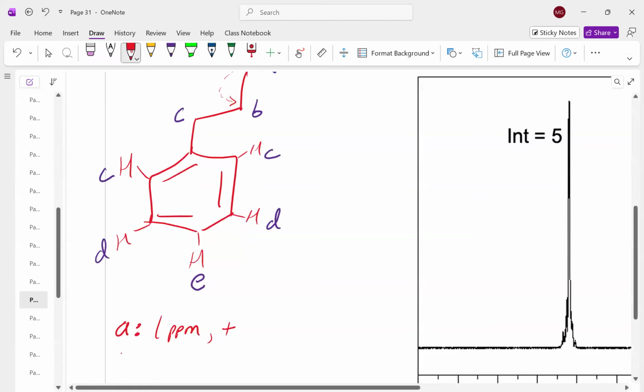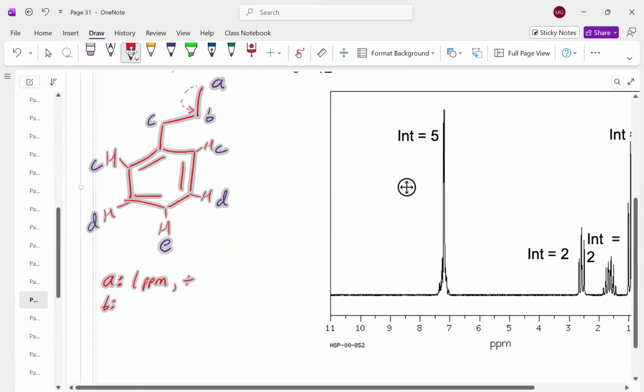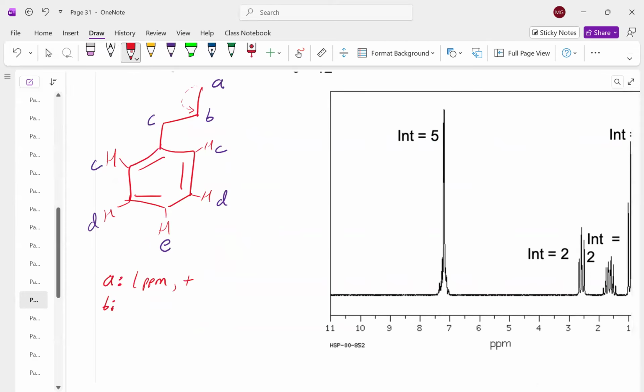And then let's look at B. B is still a regular carbon, nothing remarkable directly around it. It is secondary though, so I'd expect it to be a little bit higher than A. I'm just going to approximate it to be maybe 1.5 or so. And how many hydrogens are adjacent to B?